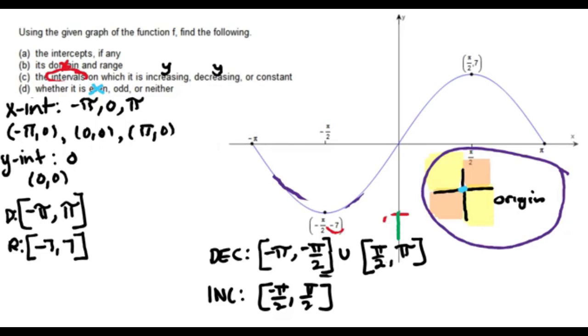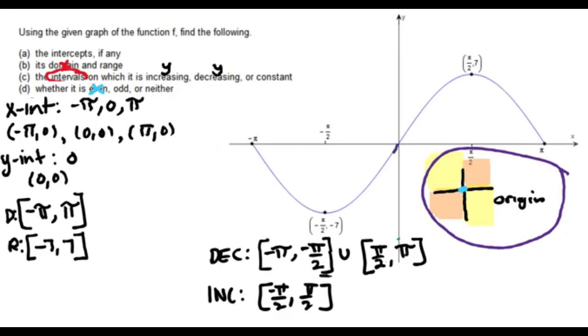So if you're checking by imagining folding paper for origin symmetry, what you would do is fold twice. You're going to fold once over the x-axis and then fold over the y-axis.